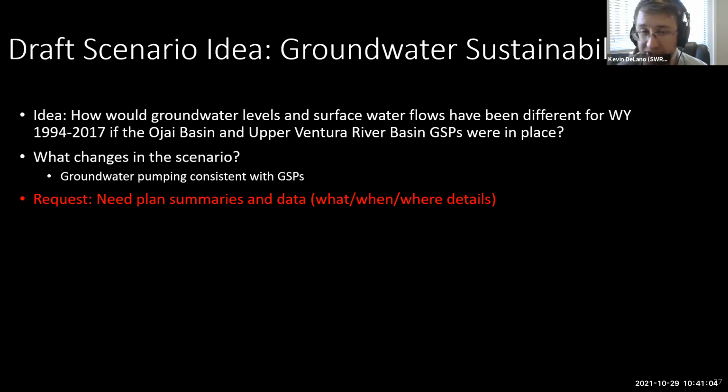We have a request here in red: we're asking the GSAs for plan summaries and specifically data on where pumping may change, by how much, under what conditions or times of the year or water year types, dry versus wet years, or any thresholds that might influence when groundwater pumping is changed under these plans.